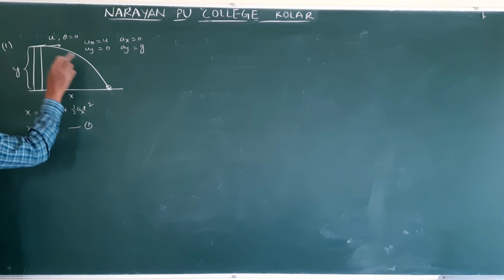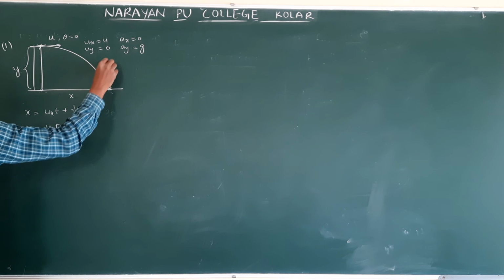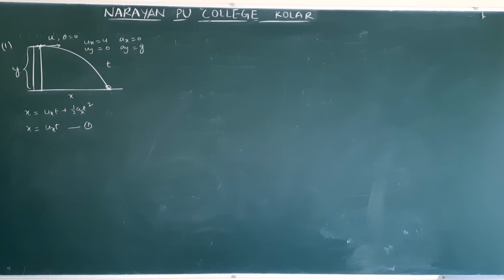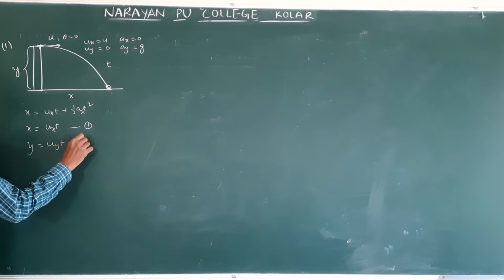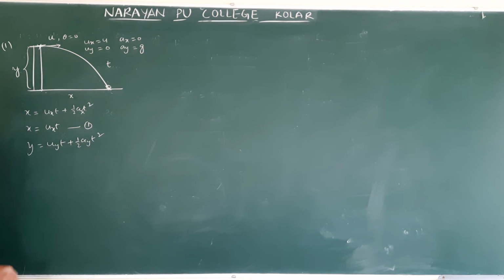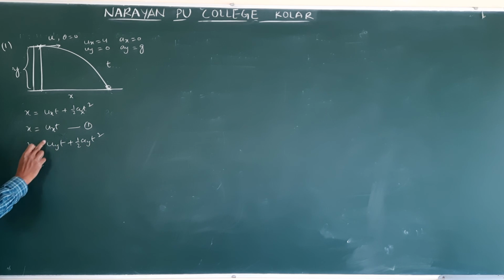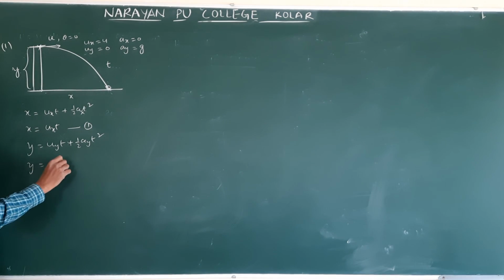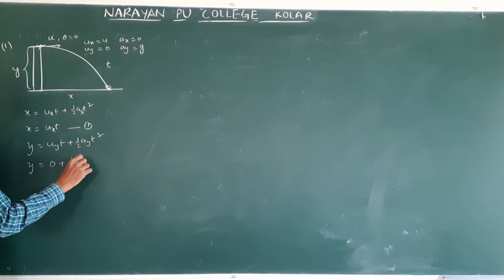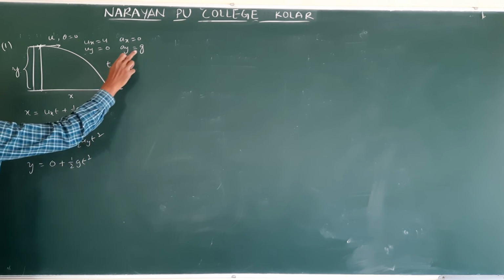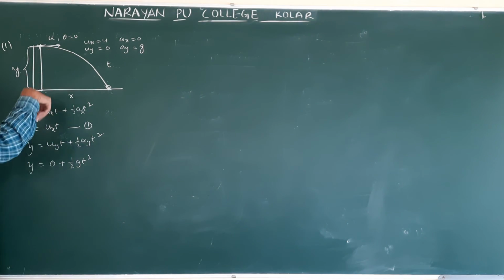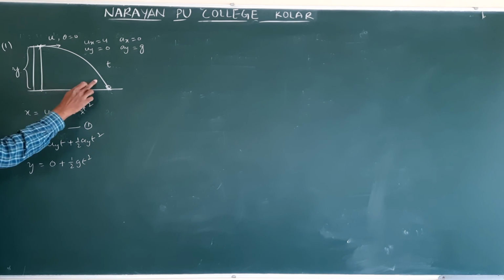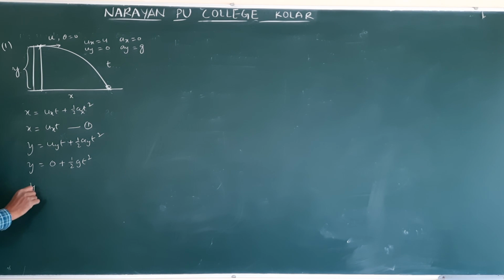To come from here to here, the total time taken is t. Next, the y equation: y is equal to uyt plus half ayt square. Then y is equal to uy, 0, plus half gt square. ay is what? g. Clear? g is acting downwards, so that's why it is coming down. So y is equal to half gt square.